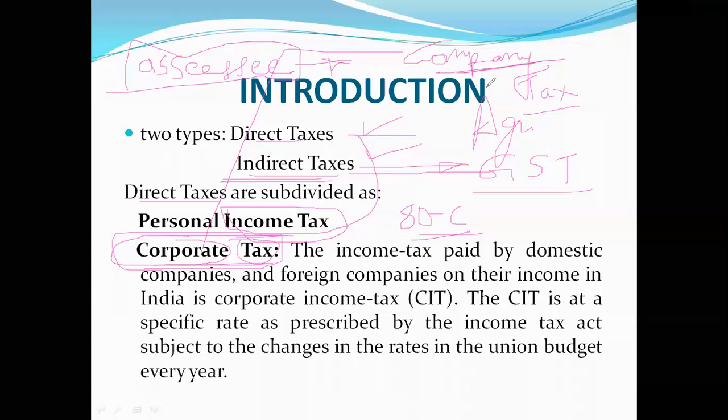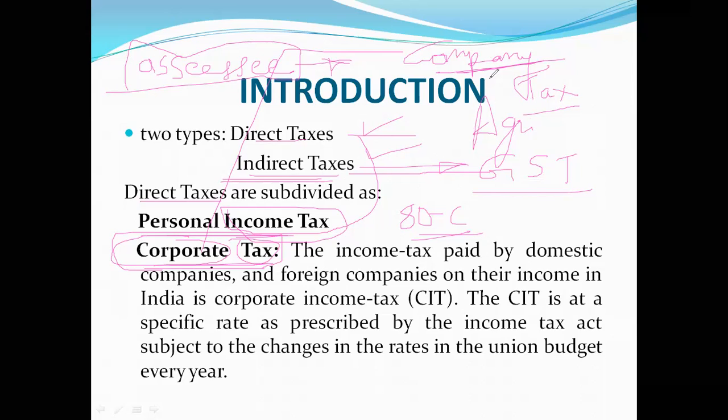Assessee means who has to pay tax to the government, to the income tax authority, or to whom certain refund may come from the tax authorities. He may be liable to receive refund for the taxes he has paid at an earlier point of time.